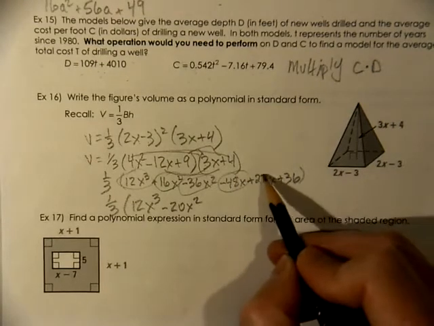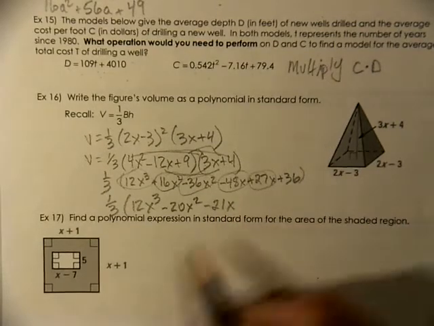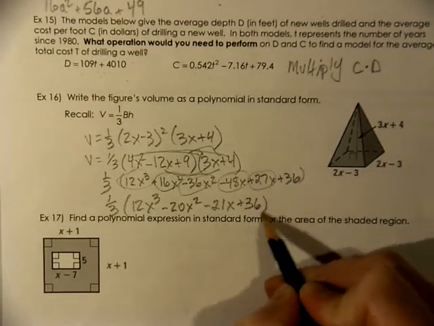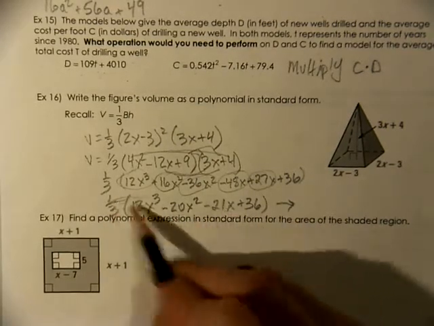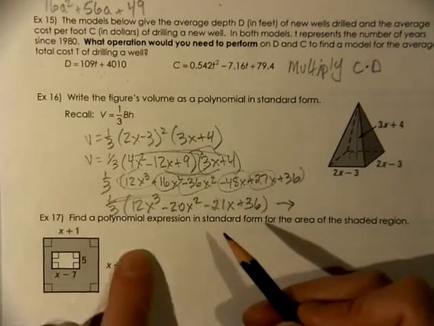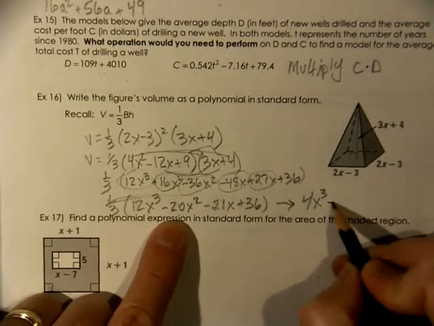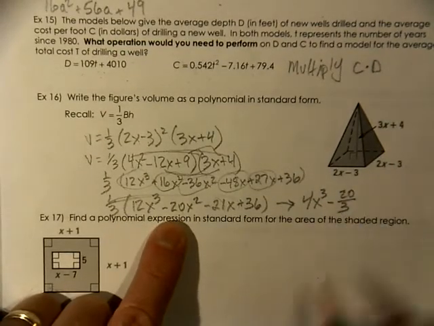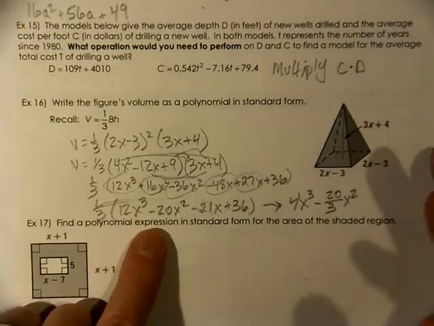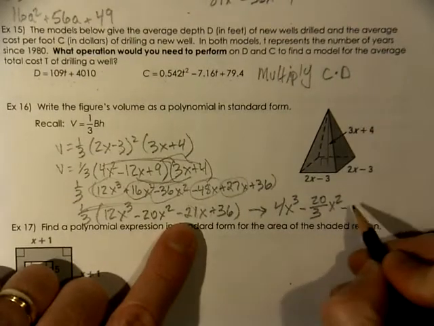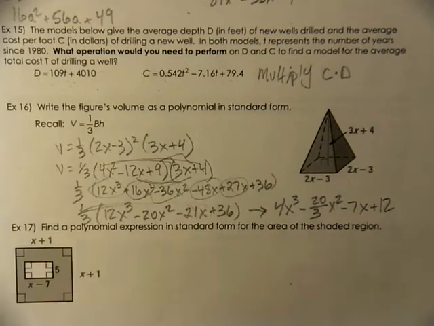The negative 48 and the positive 27 leaves us with negative 21x plus 36. And then to distribute our 1/3 through. So 1/3 of 12 is 4. 1/3 of 20, it doesn't go in there evenly, so we call it 20/3 x squared. 1/3 of 21 is negative 7. And 1/3 of 36 is 12.